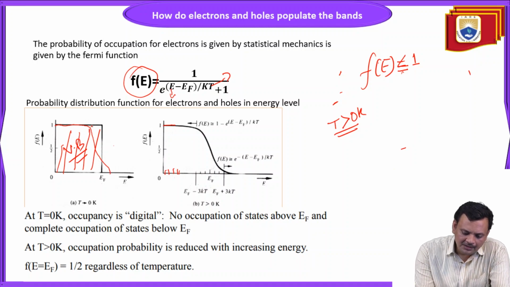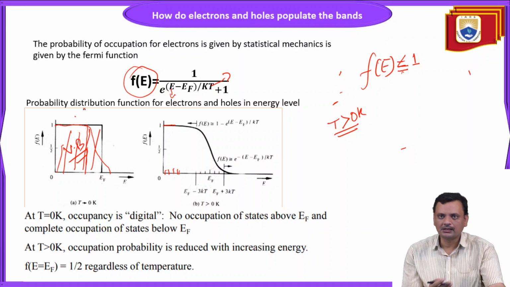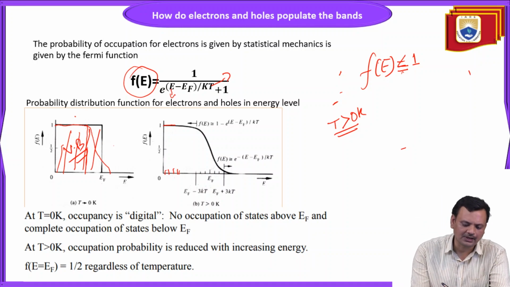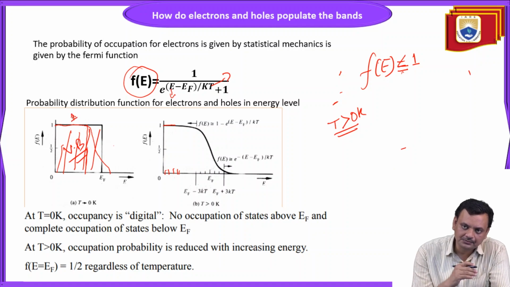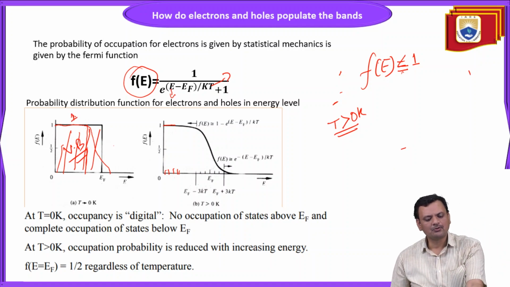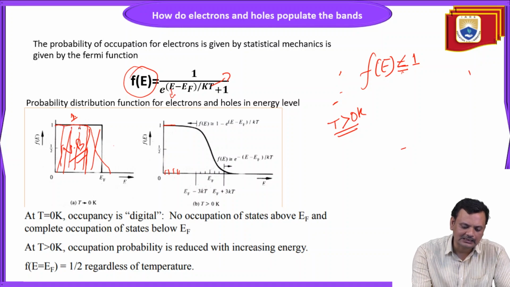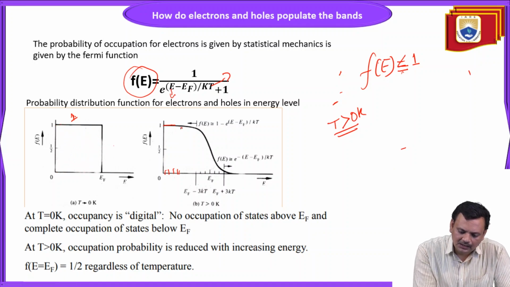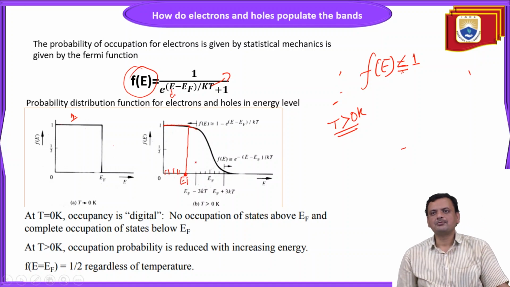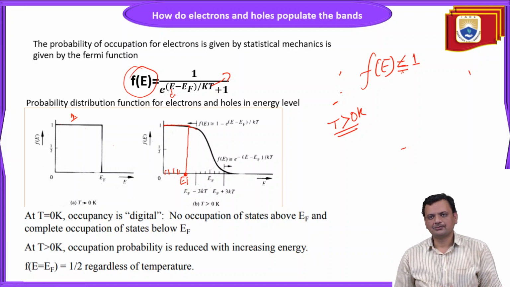Up to a certain energy value, let's suppose this is E1, the probability of a charged particle occupying these energy levels is 1.